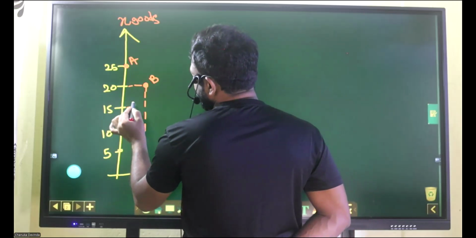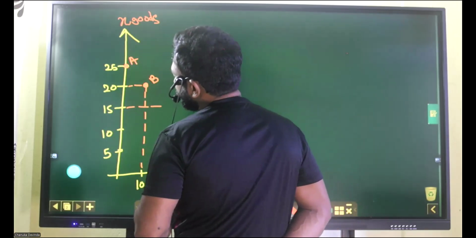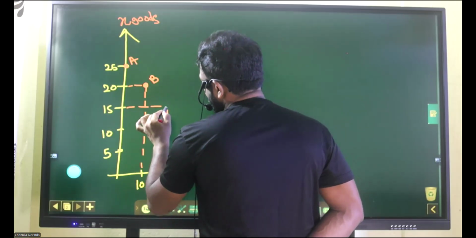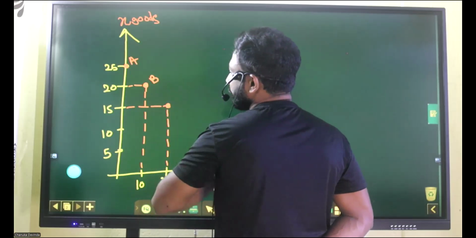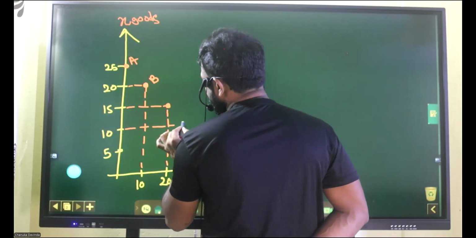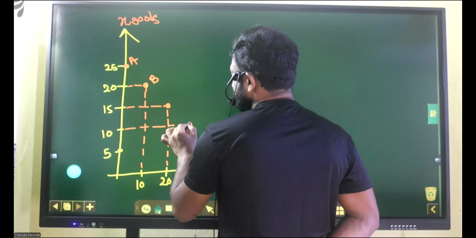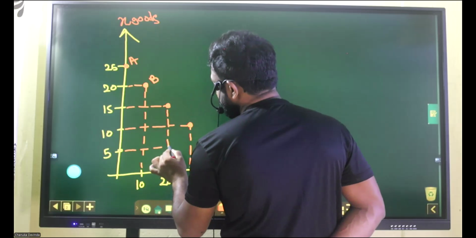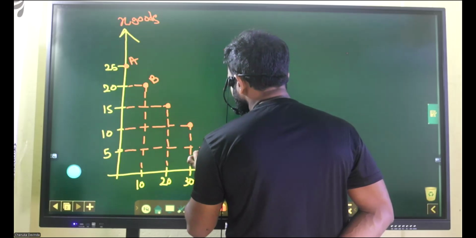The third point is where 15 units of X good are produced with 20 units of Y good. And then 10 units of X good with 30 units of Y good. And again 5 units of X goods with 40 units of Y goods.